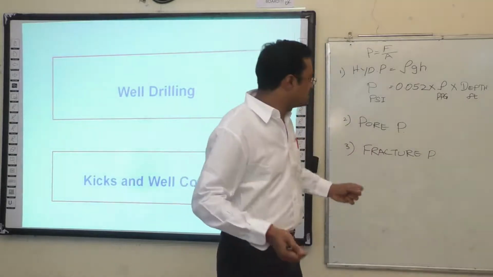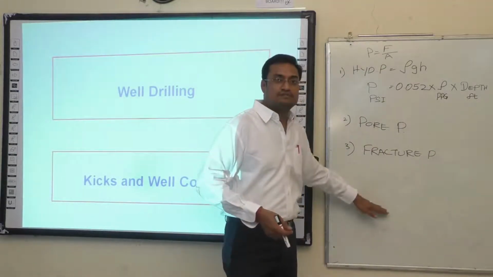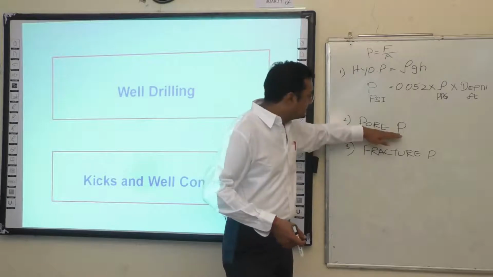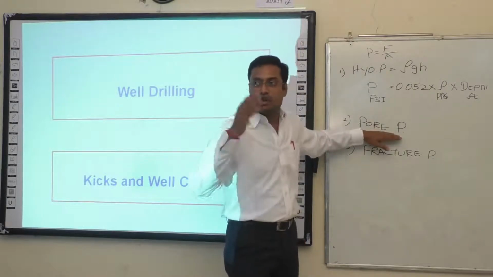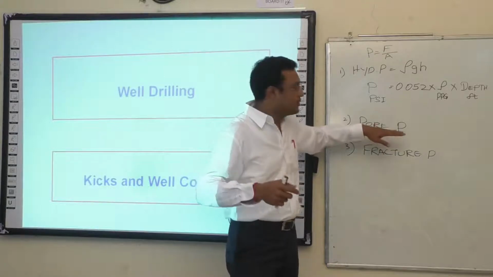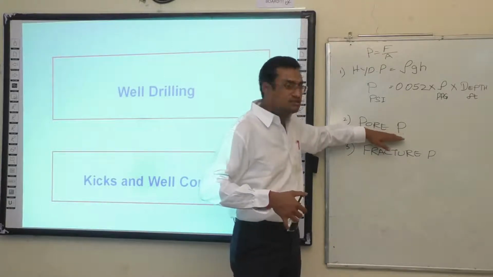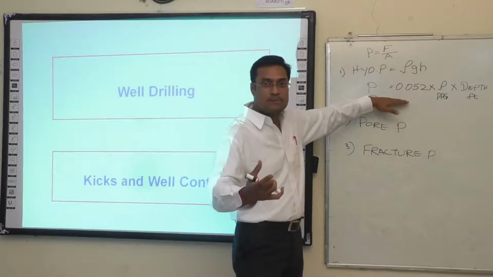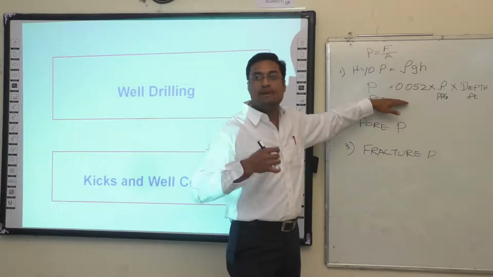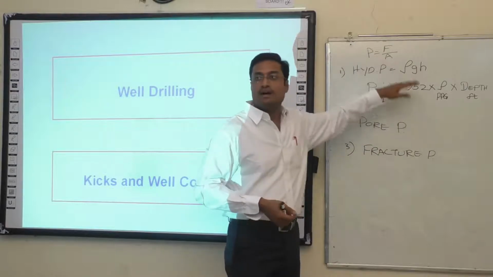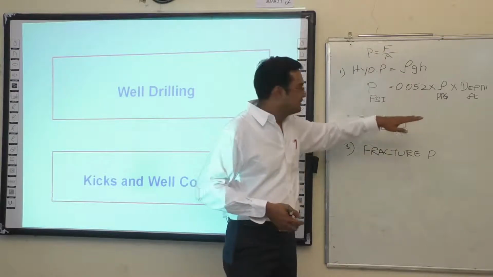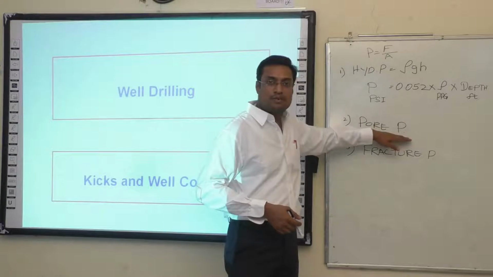Our interest is to drill the well first. When we drill the well, this pressure should not affect us or stop our drilling process. So we need to control this pore pressure. So we use drilling fluids, and one of the main objectives of the drilling fluid is to give the required hydrostatic pressure to control the pore pressure.